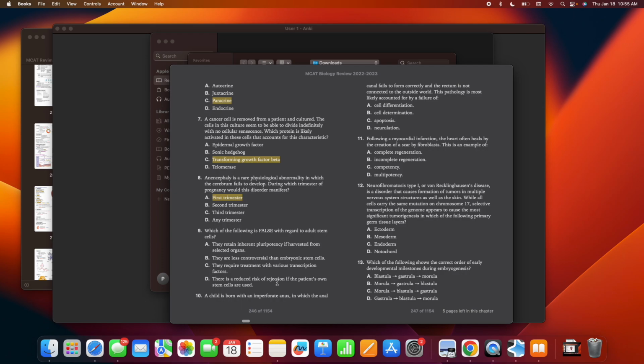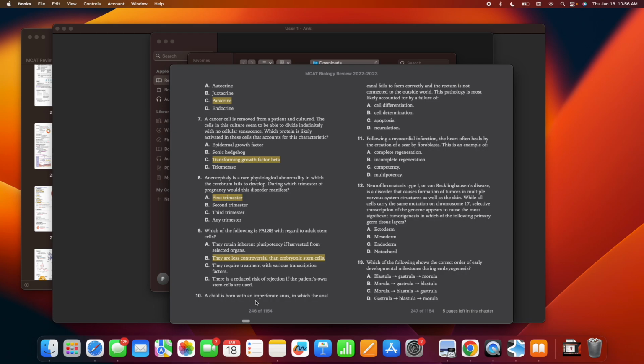There is a reduced risk of rejection if the patient's own stem cells are used. So yeah, that could be correct. First one could also be correct. Between B and C, they require treatment with various transcription factors, or they're less controversial than embryonic stem cells. Whatever the controversy means, it seems to me that adult stem cells would be more controversial if there's a meaning attached to that.